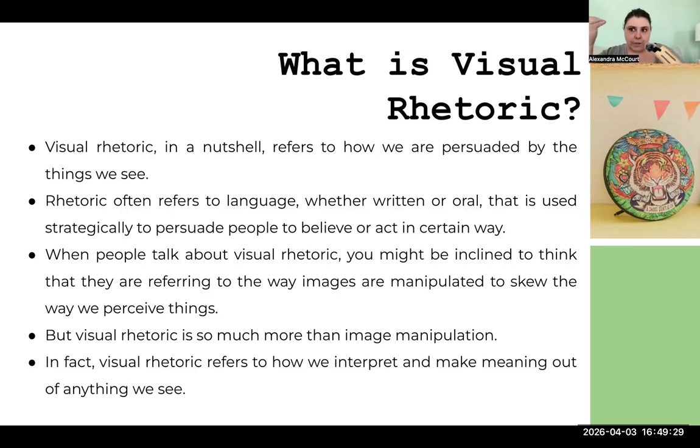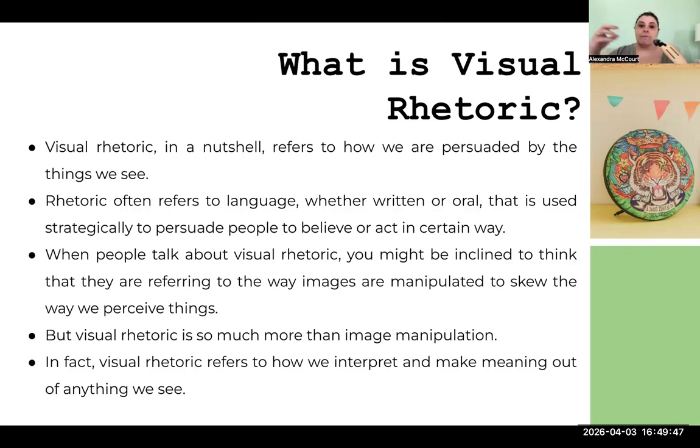When we think about rhetoric, we often think about how language choices impact the way that we persuade somebody. But it doesn't have to just be written or oral. It can also be used to persuade people to believe or act a certain way just by looking at something.